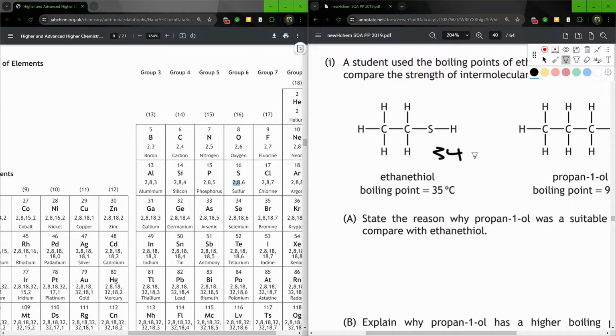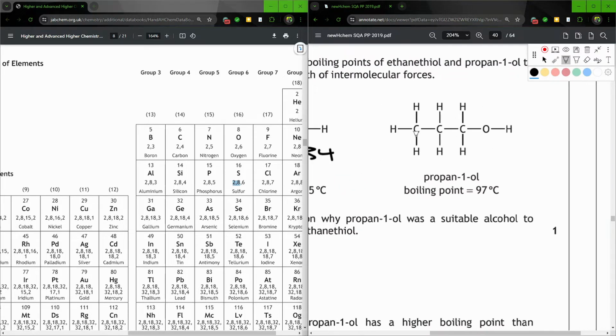And now we'll see about propan-1-ol. So 3 carbon atoms, that's 18. We have 8 hydrogen atoms, so that's going to be 26. Yeah, 26. And then oxygen has 8. So 26 plus 8 is 34.